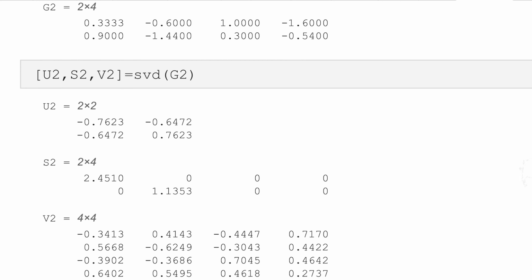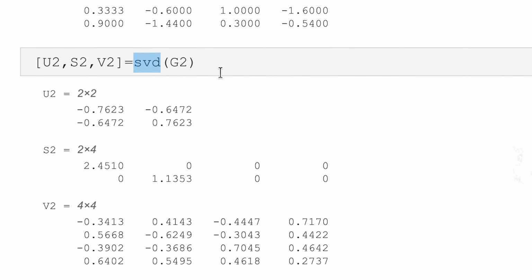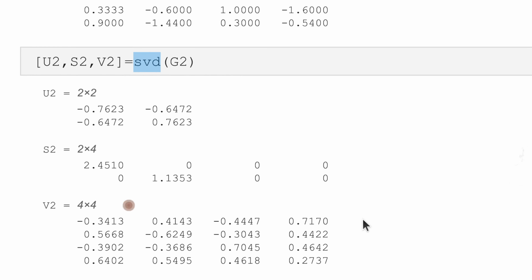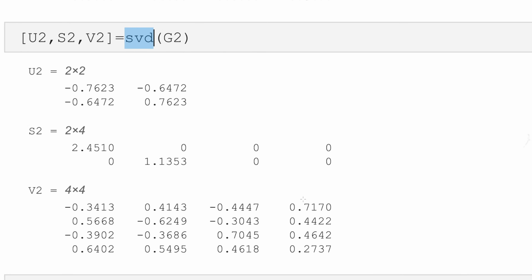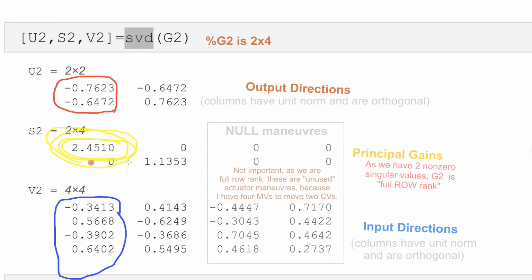So we may have this G2 matrix with 2 controlled outputs and 4 manipulated variables, 4 actuators. If we carry out the singular value decomposition, we get this SVD, in which we identify this principal maneuver 1 with this output direction, this input direction, and this principal gain.